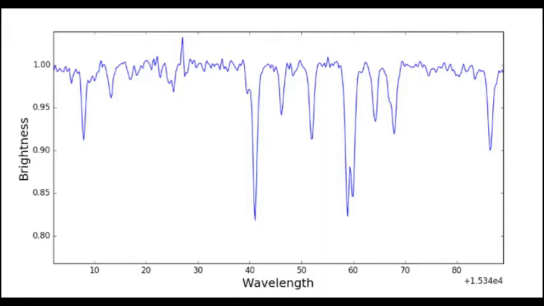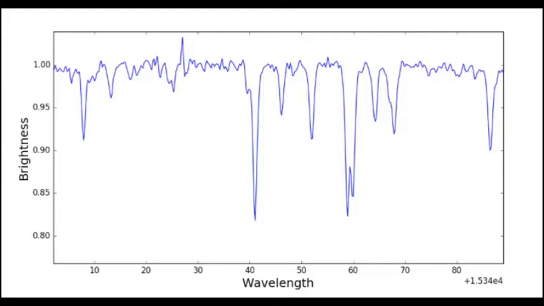Each dip that you see here represents one of those precise wavelength values that matches with the difference between energy levels of some element in the periodic table, just like we talked about. And the light is not as bright at those wavelengths because some of the photons that were produced with that wavelength at the core of the star were absorbed by the star's atmosphere and didn't make it to our telescopes.